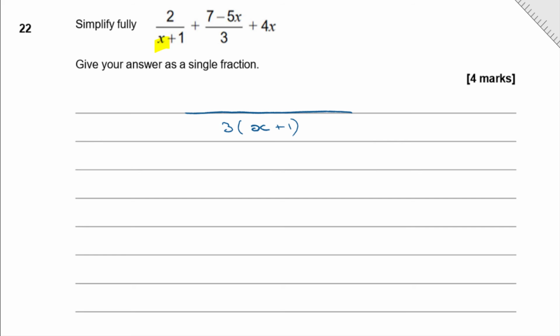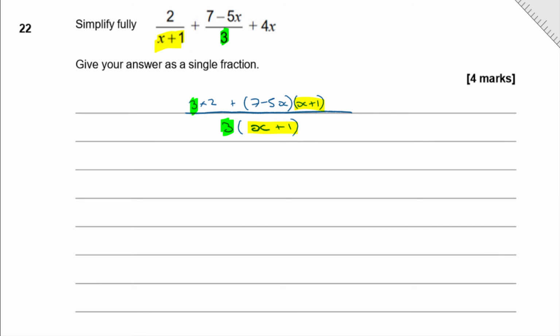You can see that this one here fits here, so it's going to be 3 times bigger. So it's 3 lots of 2, 3 times 2, because it goes in 3 times. Plus 3 goes into 3 lots of (x + 1) x + 1 times, so I'm going to get (7 - 5x) times (x + 1), because I've got the 3 there, so to get 3 lots of (x + 1), I have to multiply it through by x + 1.